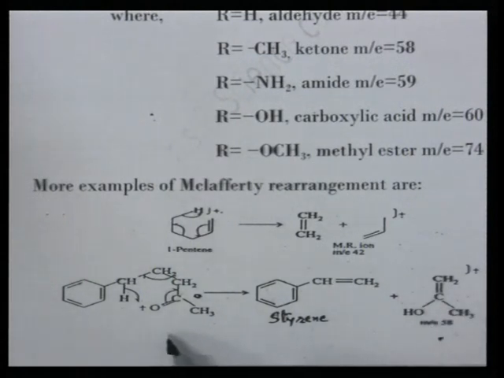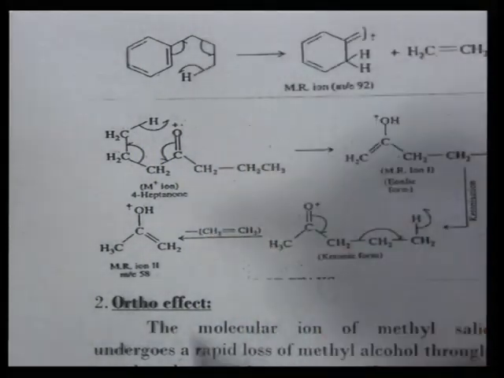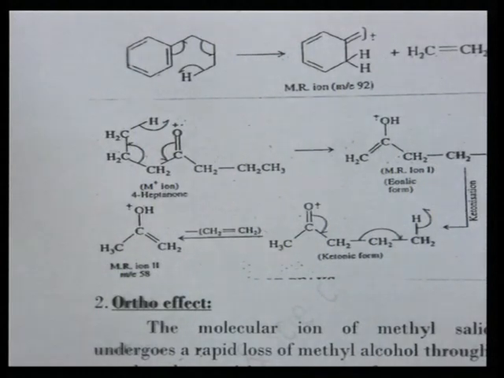In general it is a ketone where R is a methyl group, so the ion is 58 as shown earlier. Similarly, another example of this rearrangement is written here. Aryl alkyl, so an alkane chain is substituted at the phenyl ring. Here propylbenzene is there.